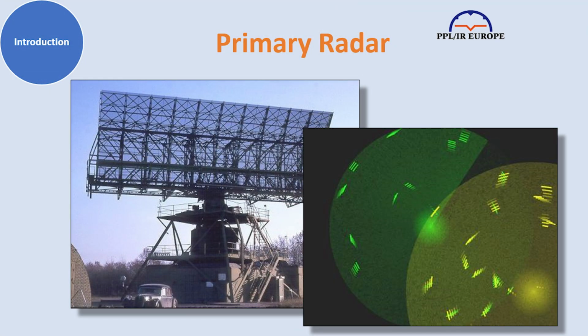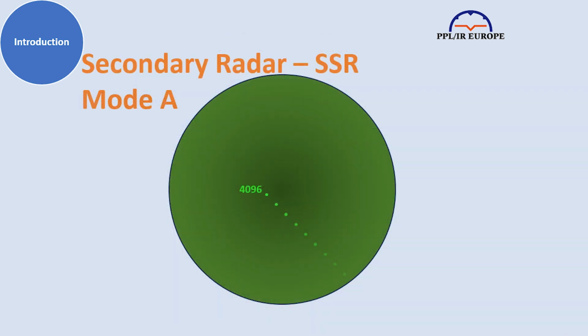Starting from the 1940s, ATC had primary surveillance radar, PSR, to provide an aircraft's azimuth location. Then, fueled by the wartime requirement to identify friend from foe, this was augmented with secondary surveillance radar, SSR, Mode A or Mode Alpha. But the aircraft's azimuth location still originated from primary radar.